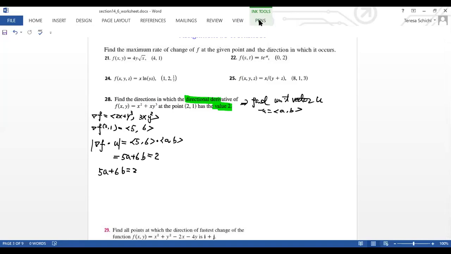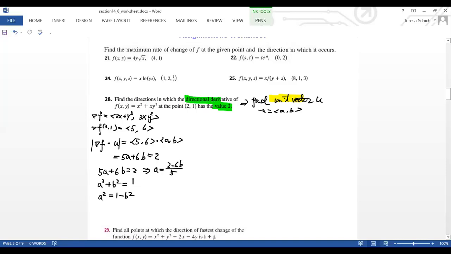But I know this is a unit vector. So what that means here is a squared plus b squared is equal to 1. Okay, so now you can say that a squared is equal to 1 minus b squared, or maybe this one is easier: a is equal to (2 minus 6b) over 5.